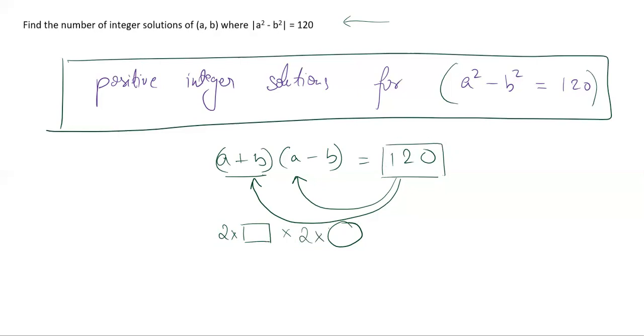Once we have transferred a couple of factors of 2 into a plus b and a minus b, one in each, we are left with 30 to be distributed. You simply divide 120 by 4 because you've taken 2 and 2 to a plus b and a minus b. So you're left with 30 to be distributed. Now, how to distribute it?